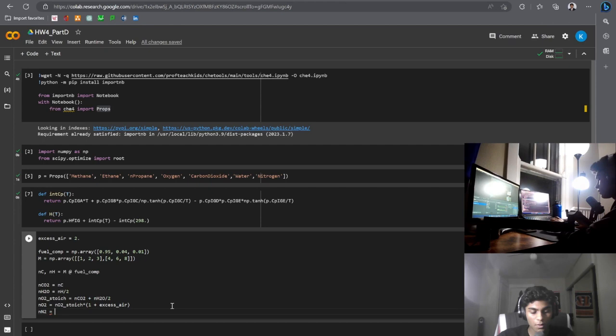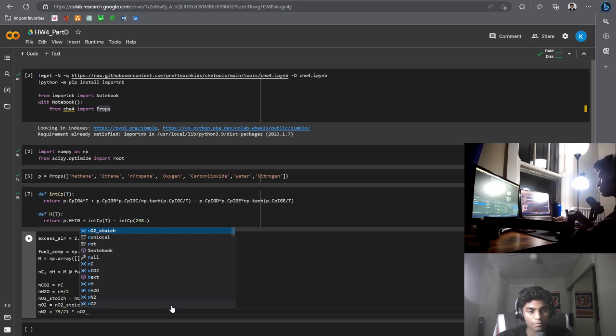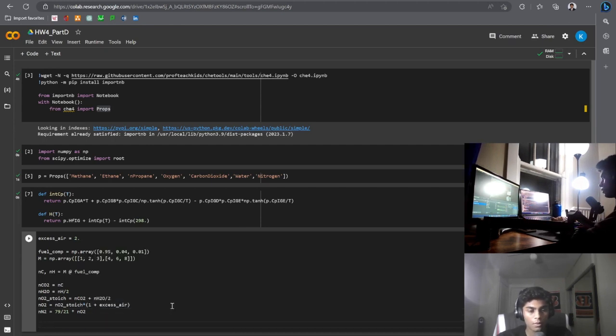We know that the ratio between the percent nitrogen and percent oxygen in the air is 79 to 21. So if we multiply 79 over 21 by the moles of O2, we will get the moles of nitrogen in this system.